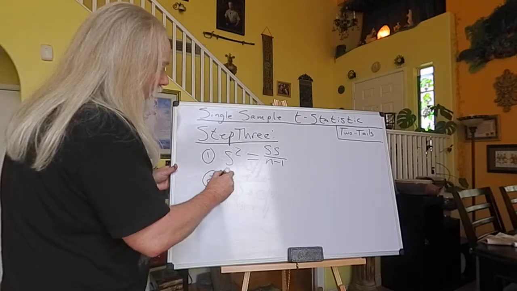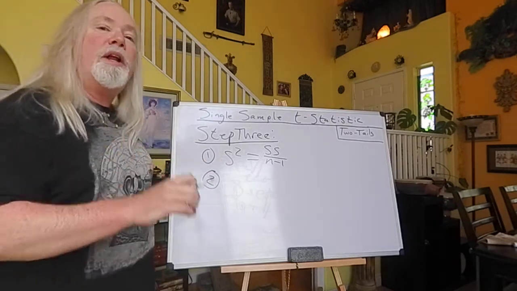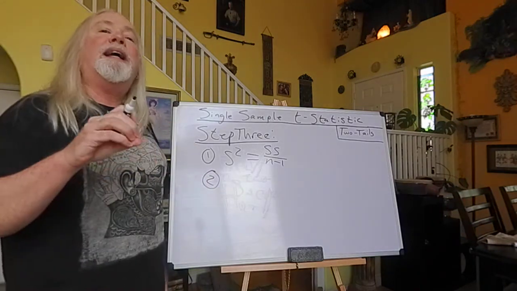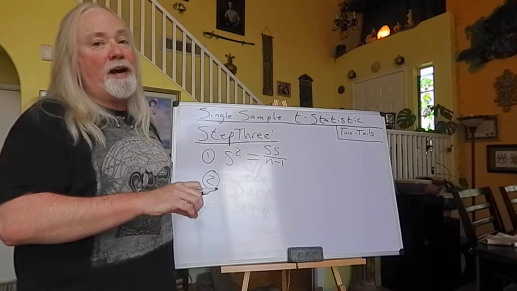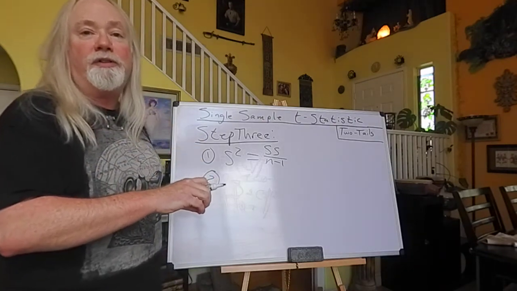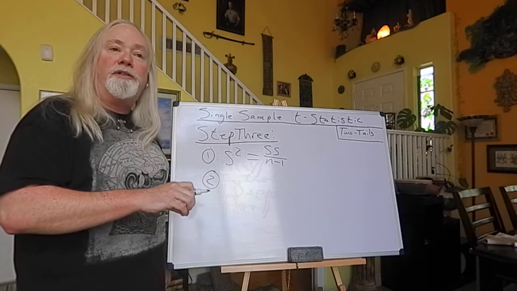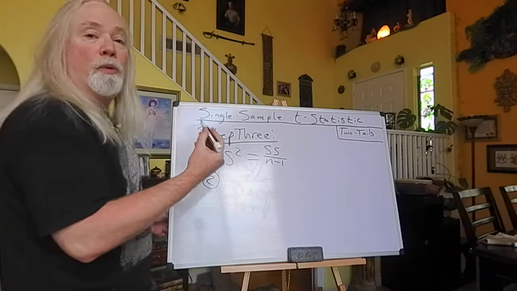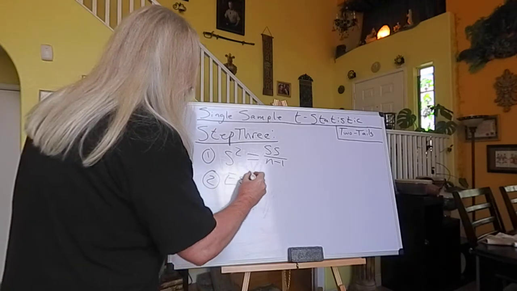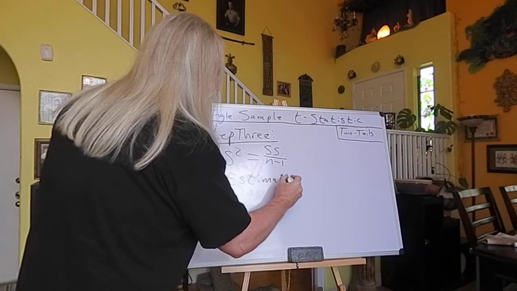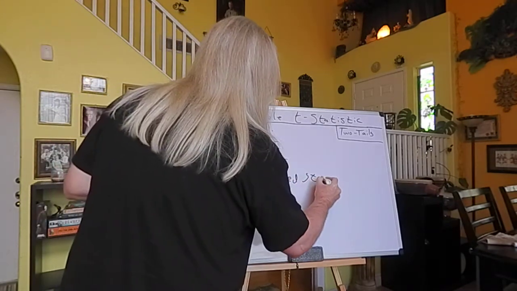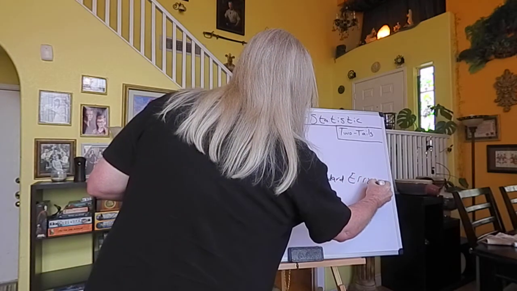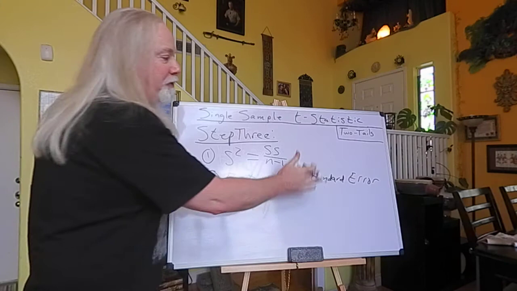The next thing then is to calculate error. Well, in our last chapter, that was called standard error. But again, we can't really compute standard error without the population variance. We're going to use the sample variance to estimate the population variance when we substitute it. Therefore, what we're really computing is estimated standard error.